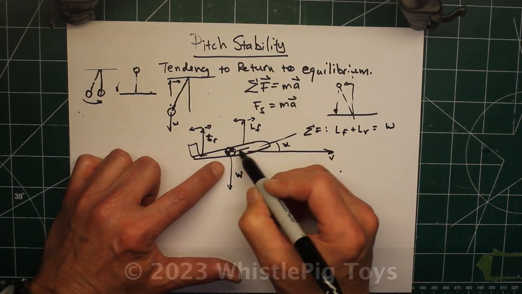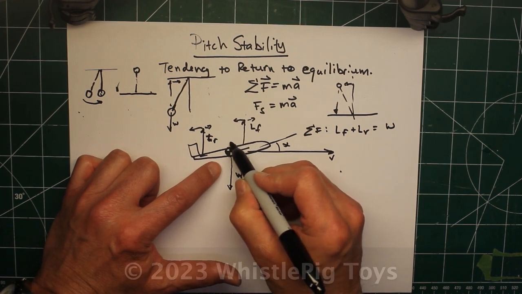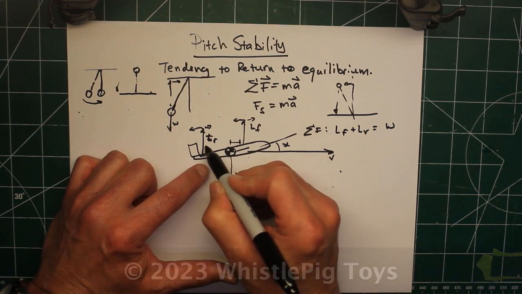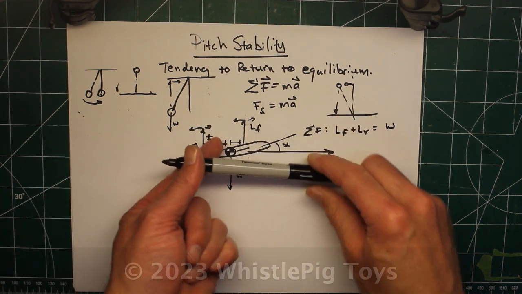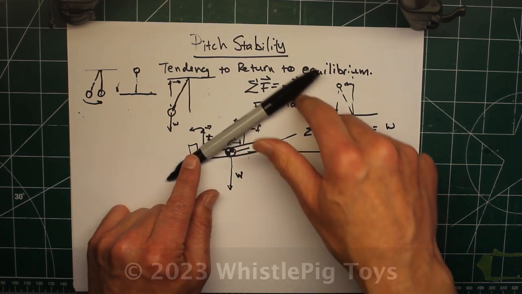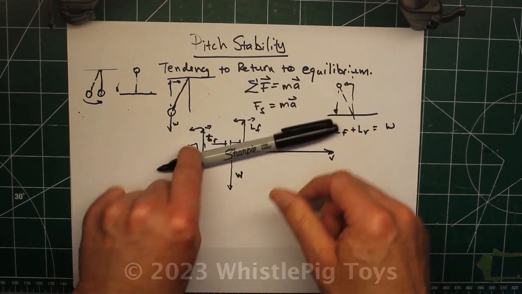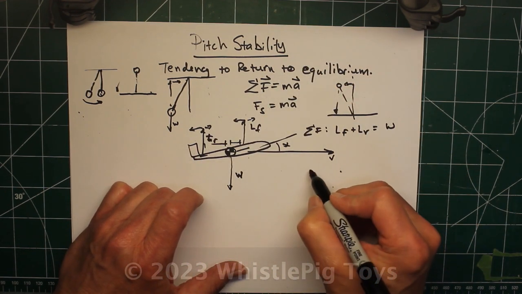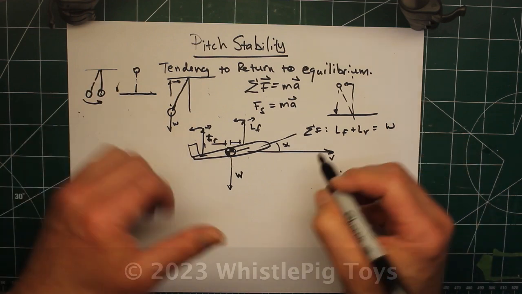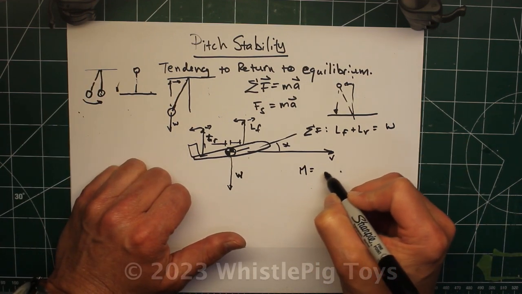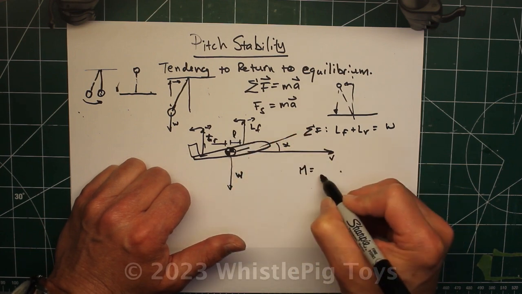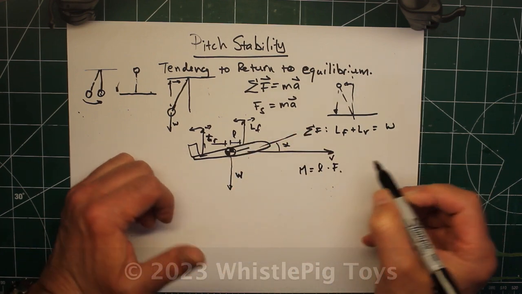We've also got a force acting around a lever arm. And as you know, if I apply a force around a lever, I get a rotation. So we can write that force times the lever arm, which is the length of the arm times the force causing it.